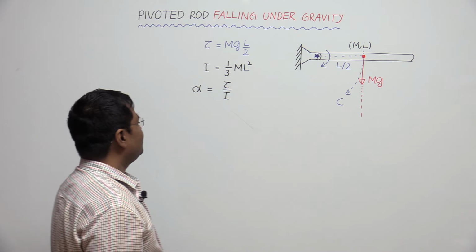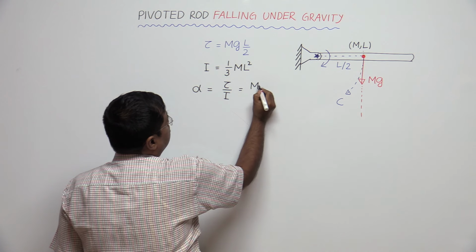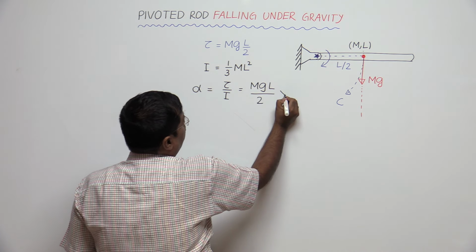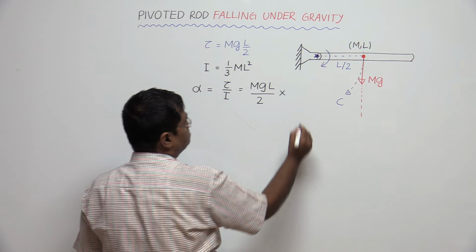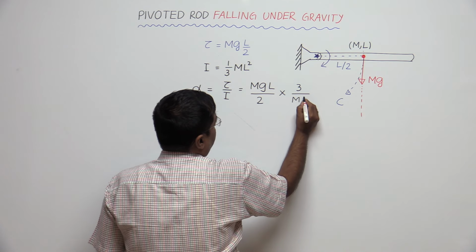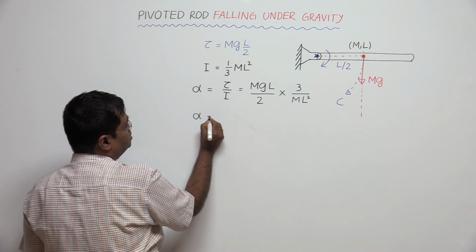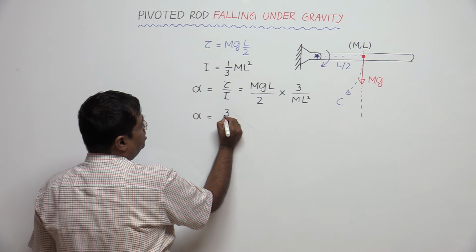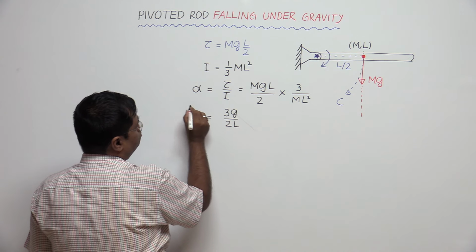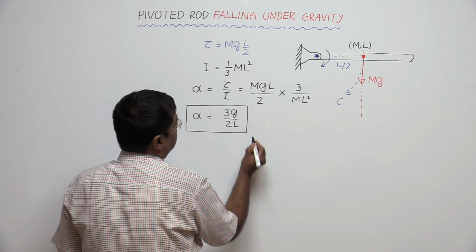Now we have torque equals mg into L by 2, divided by the moment of inertia, or multiplied by its reciprocal, 3 upon m L square. That gives angular acceleration alpha equals 3g upon 2L. So this is the angular acceleration just after the release.